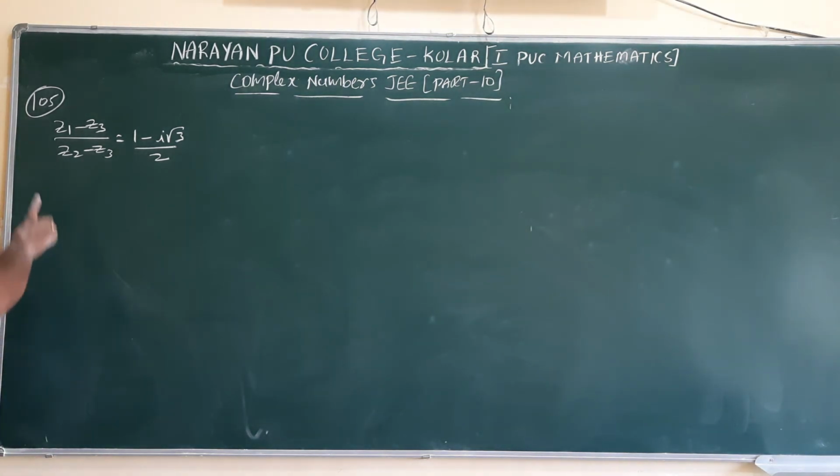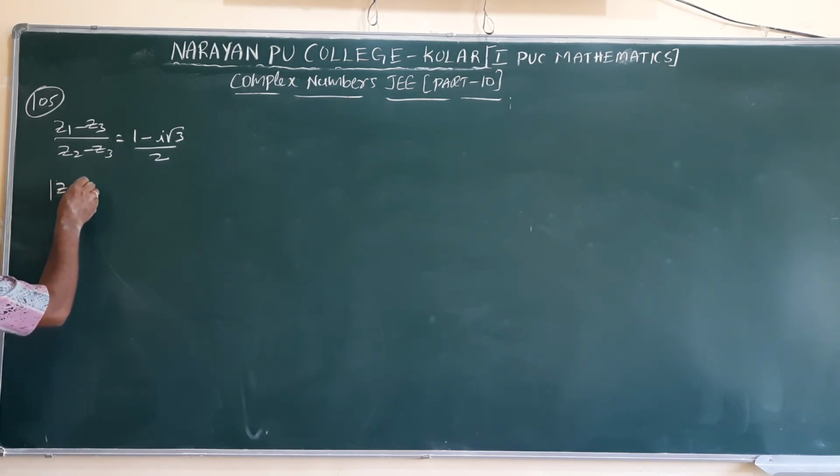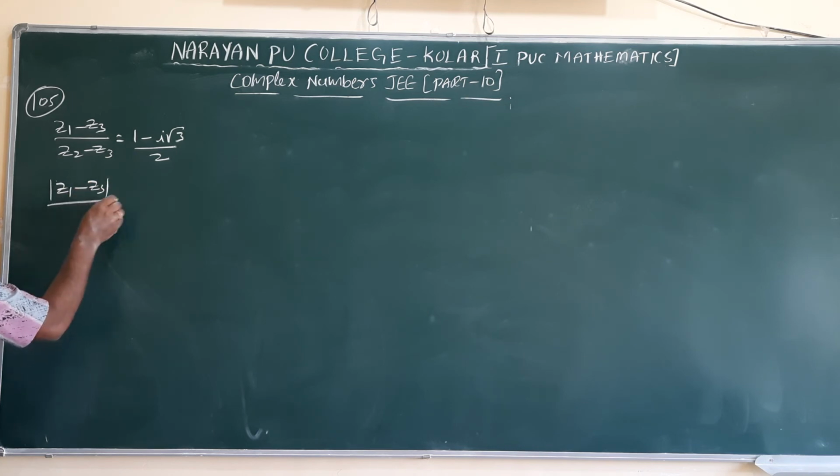Now, applying modulus on both sides, we directly get modulus of z1 minus z3 divided by modulus of z2 minus z3.